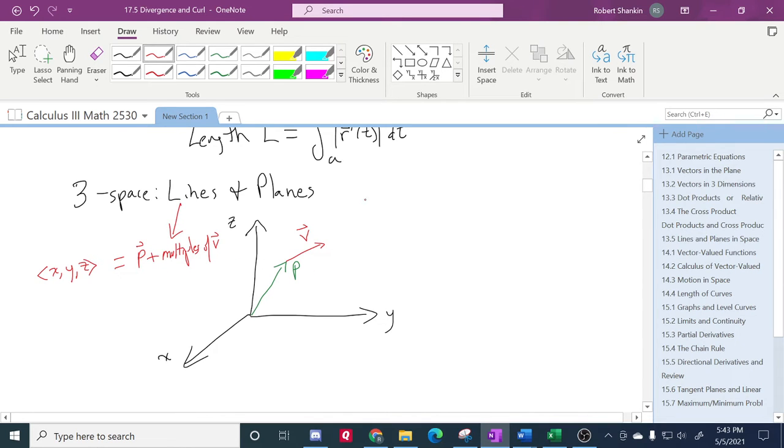And then the plane is different. For the equation of the plane, you want to have a point in the plane, P, and then you want a vector that's perpendicular to the plane.